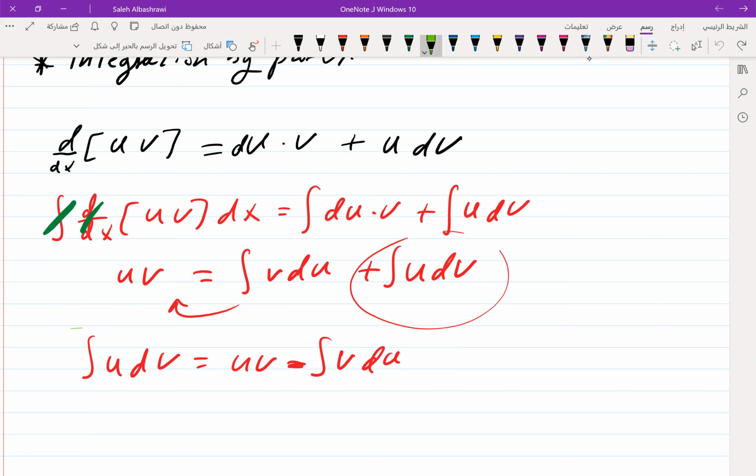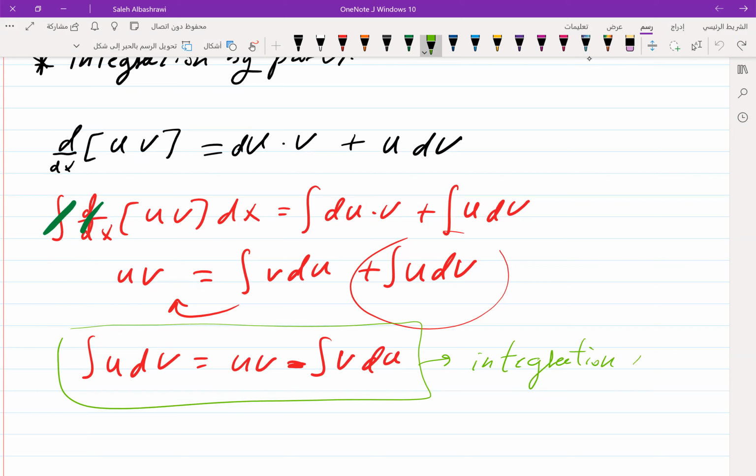This technique is known as integration by parts. So integration by parts is just integration of a product of two functions. The first one is a function u, and the second one is dv, and then we integrate by parts to find the solution for some problem.